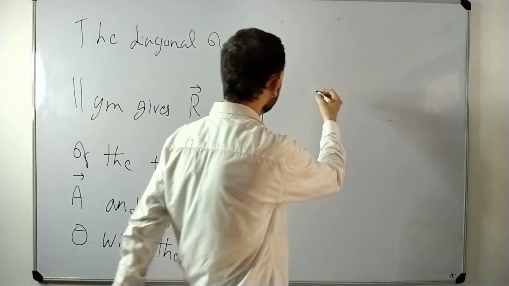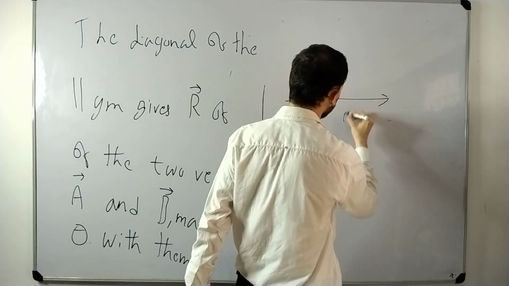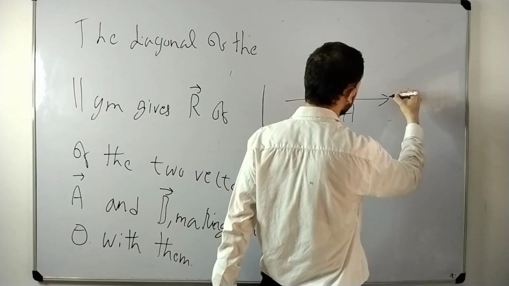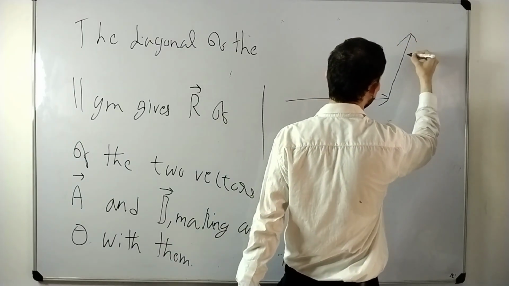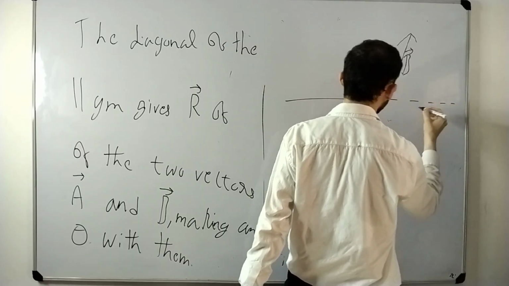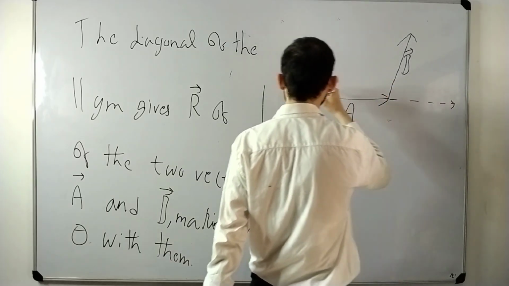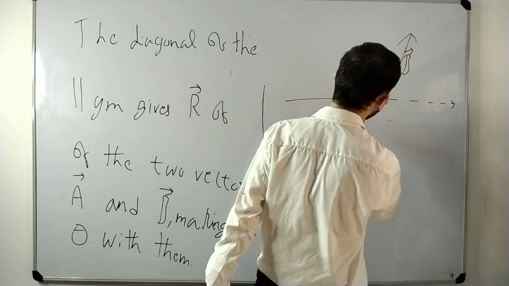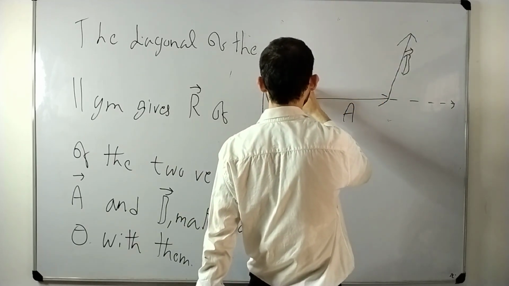See here we have A vector and this is what, students? The B vector, right students, and this is going towards this direction. This is supposed to be the resultant.